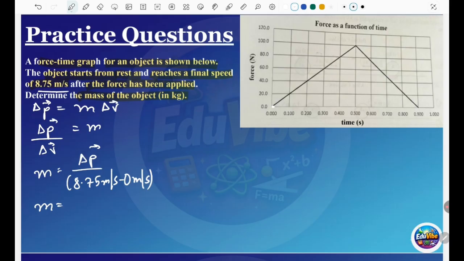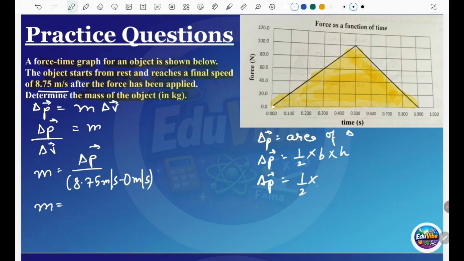So from where do you find the delta P? You can find it from that triangle. This triangle will give you your delta P, which is the change in momentum. So to find the area, change in momentum is equal to the area of the triangle. So it's half into base into height.